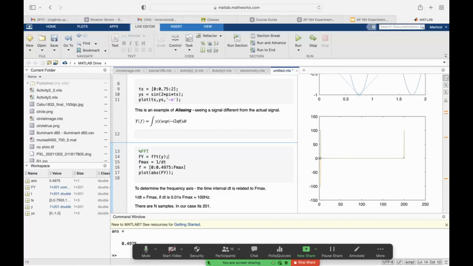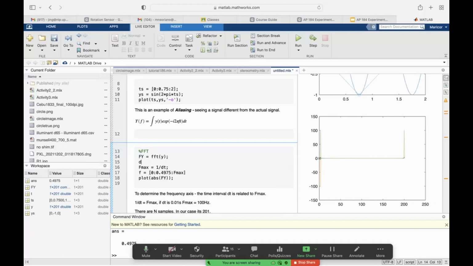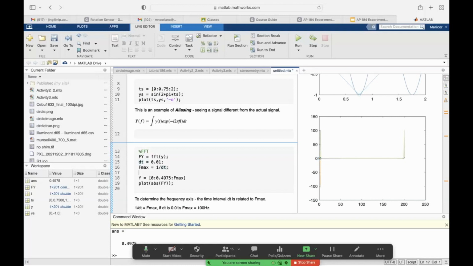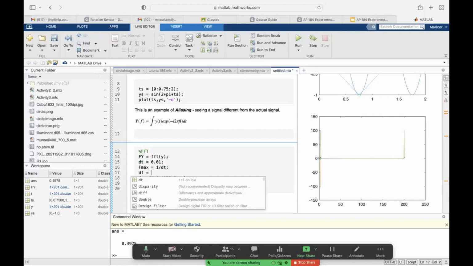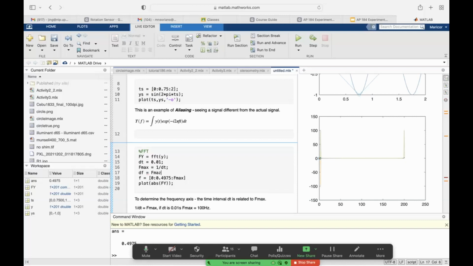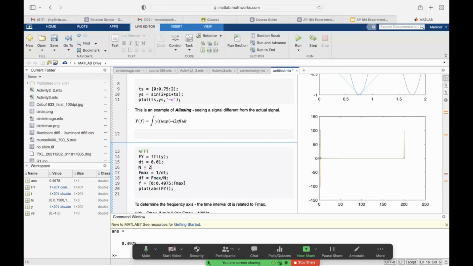And dt is equal to 0.01. Let's hardwire this. In programming, guys, you don't want to put constants here. You want it to be as flexible as possible. So we'll say DF is equal to Fmax divided by n. Wait, we haven't defined n yet. Earlier, n was equal to 201. Later, we can also get that from the size of the signal.